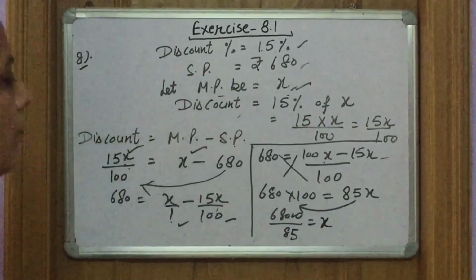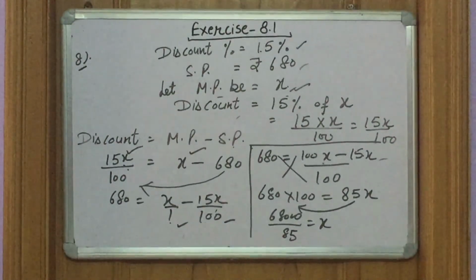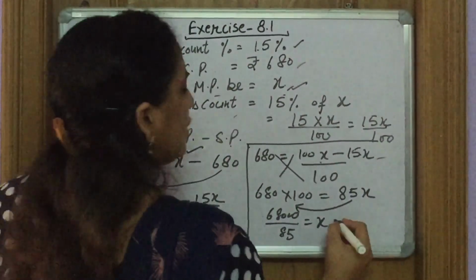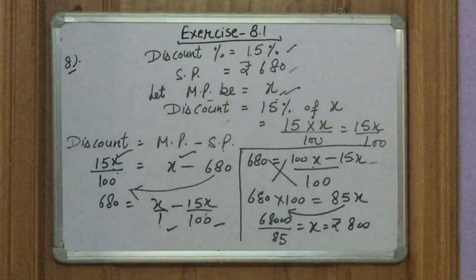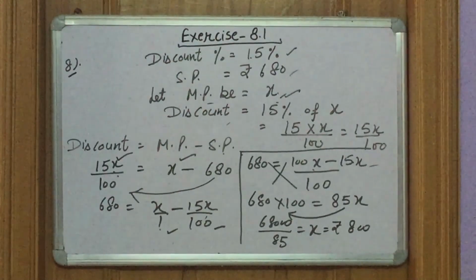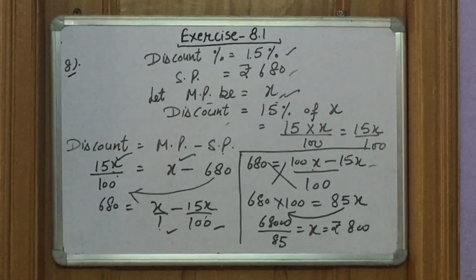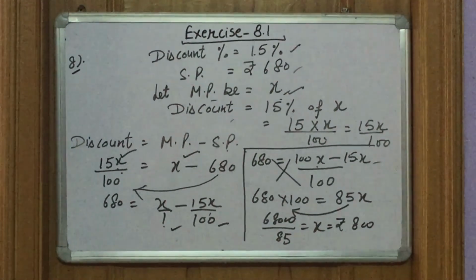So when we divide these two terms, then we will get the value of X, which will be equal to rupees 80. And here we have supposed X as mark price. So we can say that mark price in this question is 800.